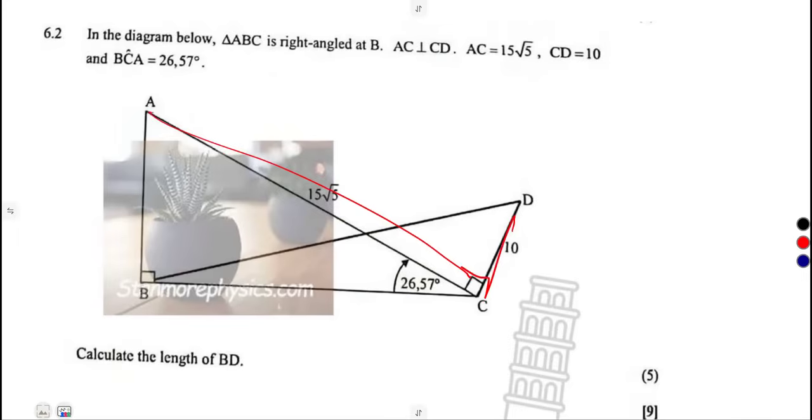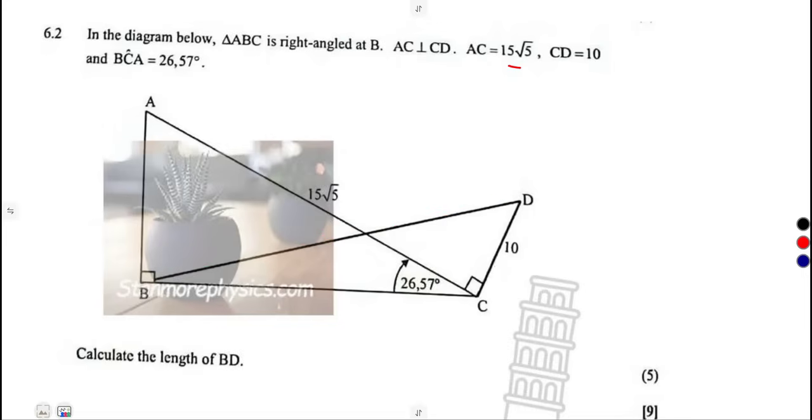These two lines are perpendicular, that's at 90 degrees. So that is what we are given. With this information, we are also given the length of AC, the length of CD, and the angle BCA, which is this one. Then calculate the length of BD from B to D.